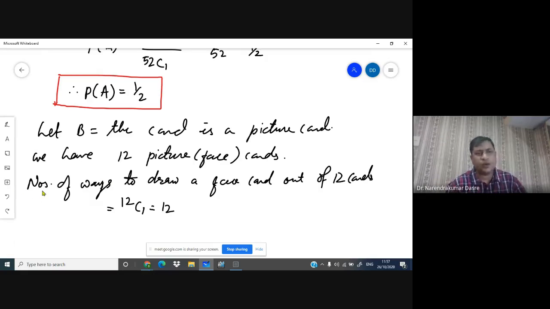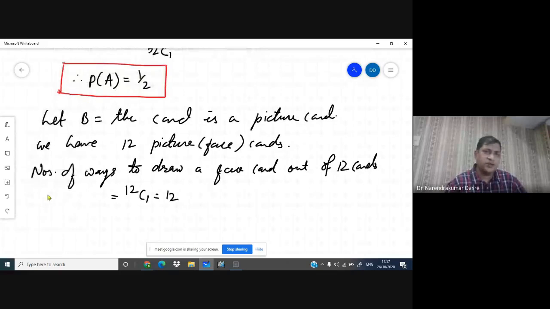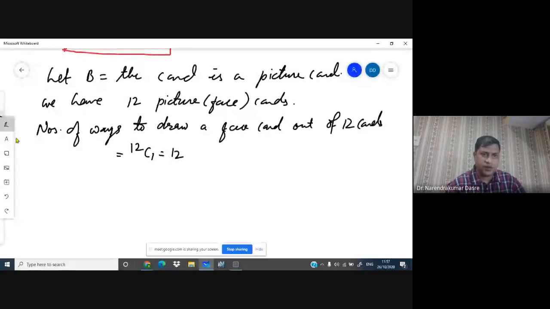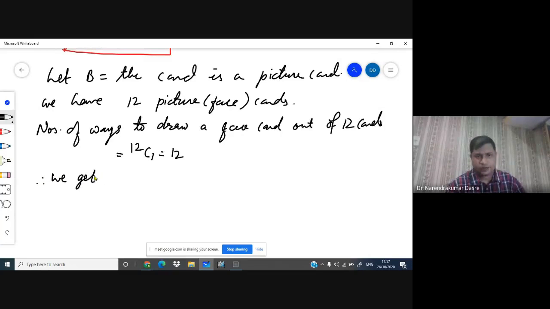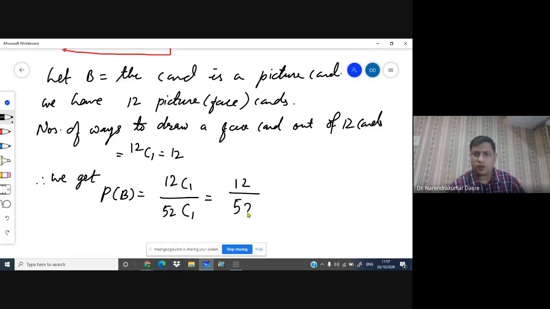Now, once I know the number of sample points in an event, I am able to calculate the probability of that event. So let us calculate the probability of B. It is 12C1 upon 52C1, which is 12 by 52.